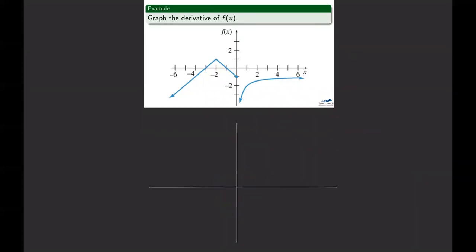So this is a trick that I like to do. I like to line things up. I like to line up those axes right there, and then when I'm going along and I'm actually putting points here, I make them really nice and lined up. So this is going to be f prime of x.